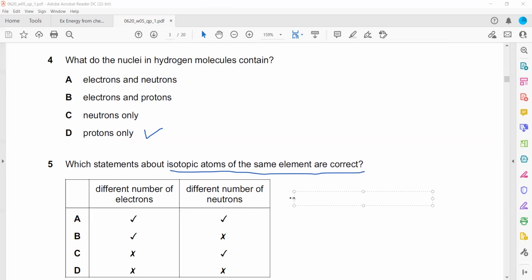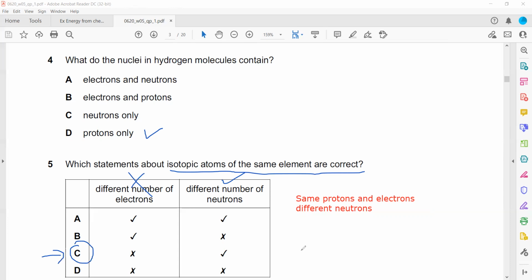If you check the definition of isotope, they have the same protons and electrons, and they have different neutrons. So they have different number of neutrons, that's true. They have different number of electrons, that's wrong. So that's why C is the right answer.